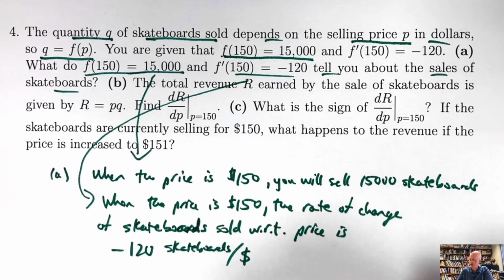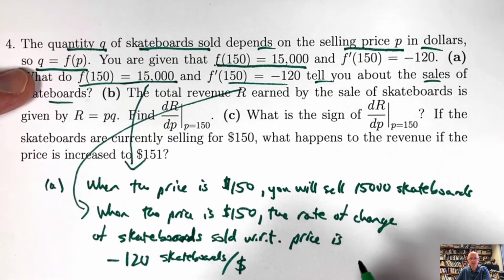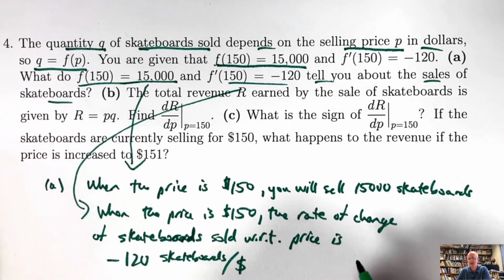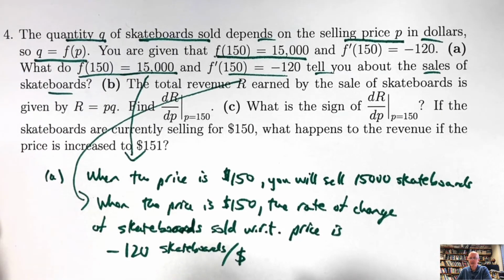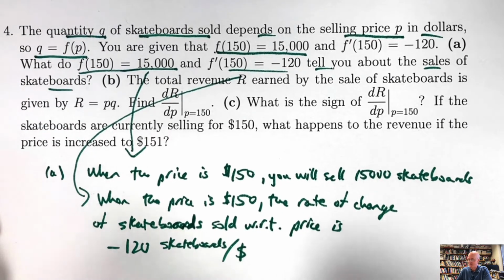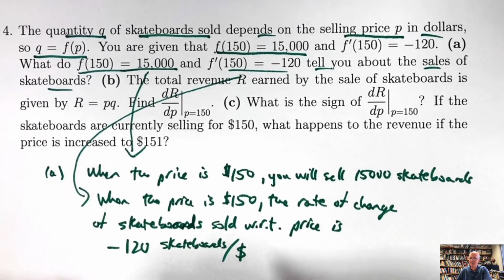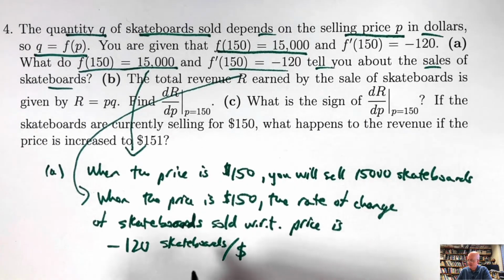The units are going to be units of the dependent variable per unit of the independent variable. I won't write it down. This time I really won't, but let me say it verbally. This means, we might write it down when we think about part C, but not in part A. This means that if you raise the price by, say, $1 to 151, you'll sell fewer skateboards because it's negative.